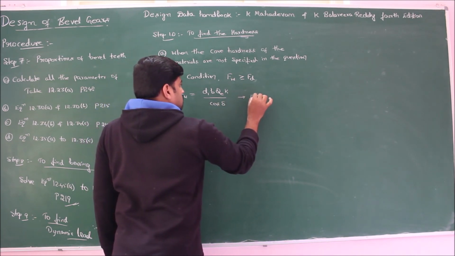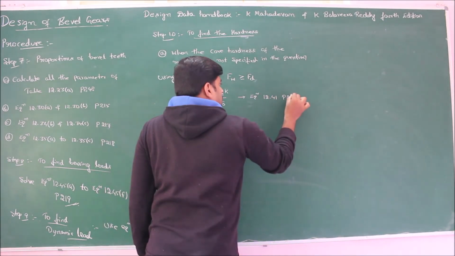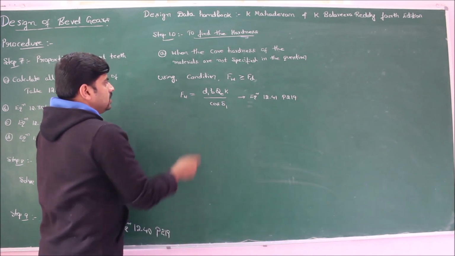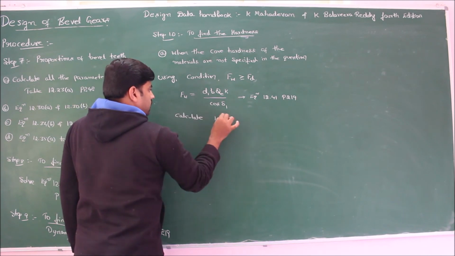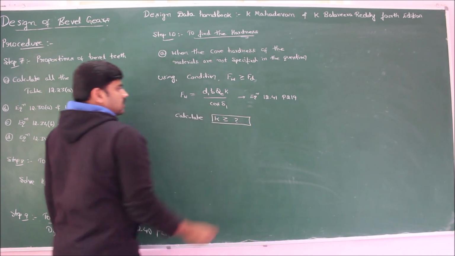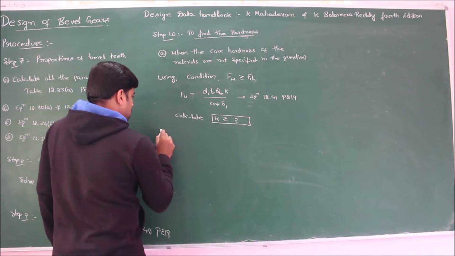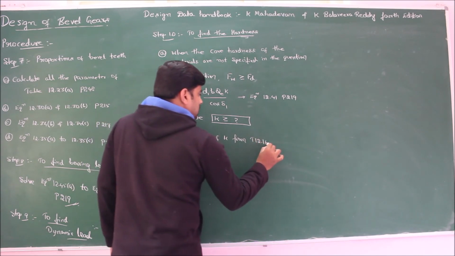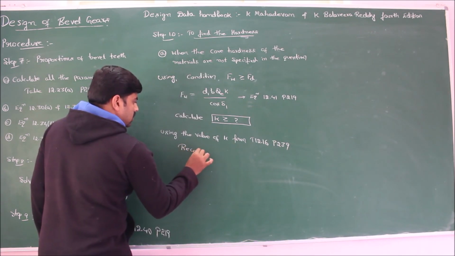This is equation number 12.4, page number 219. So using this equation in the place of Fw, calculate value of k greater than or equal to. Now using the value of k from table 12.16, page number 239, recommend the BHN.